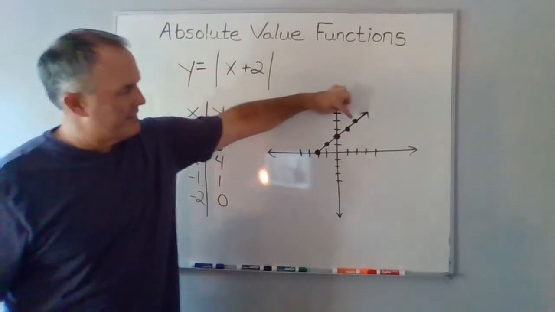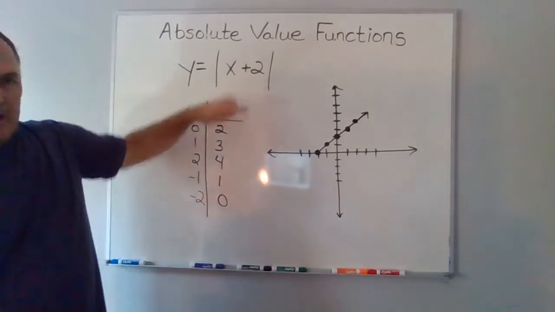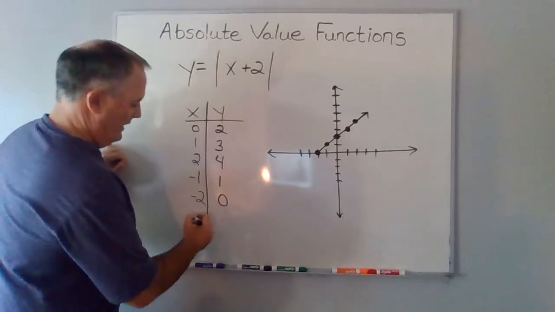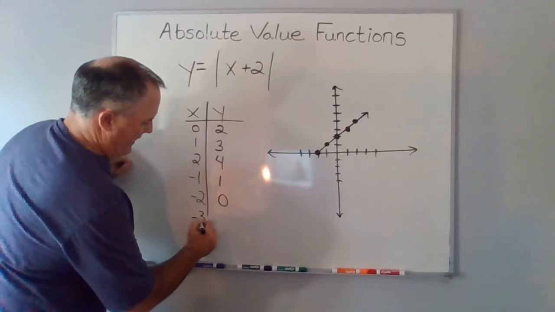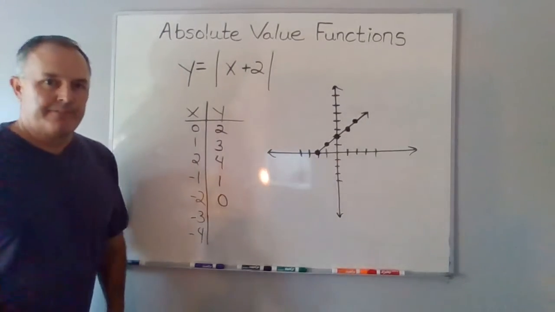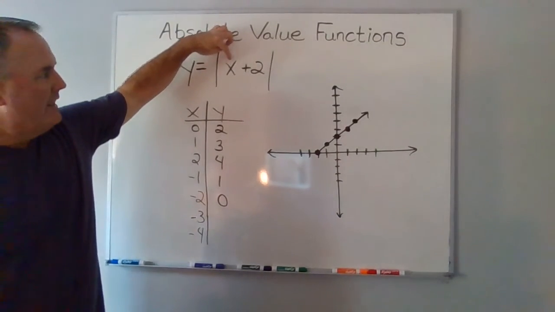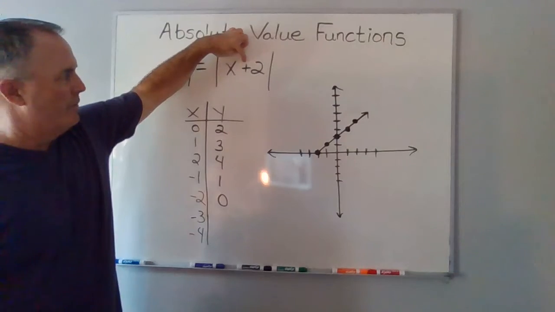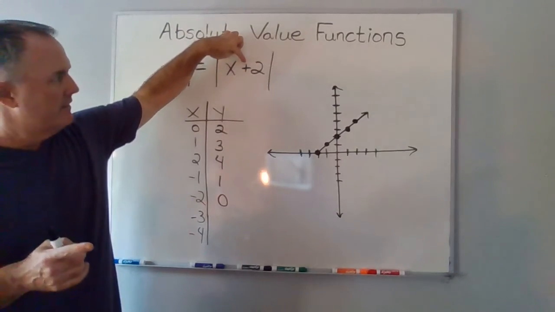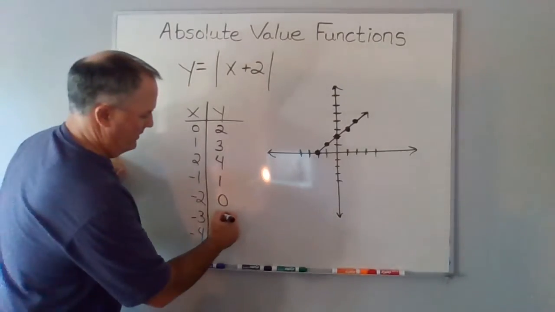So we got to find out, is this going to keep going down farther? Or will it hit the x-axis and come back up? So let's find out. Let's add in a negative 3 and a negative 4. See what happens. So if I plug in negative 3, negative 3 plus 2 is a negative 1. But the absolute value bars turn that into a positive 1.